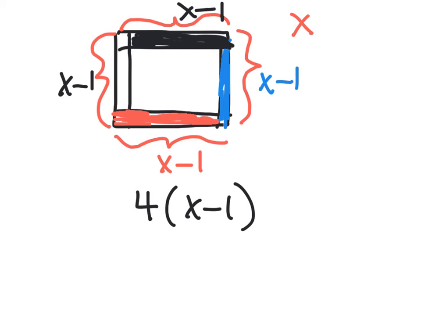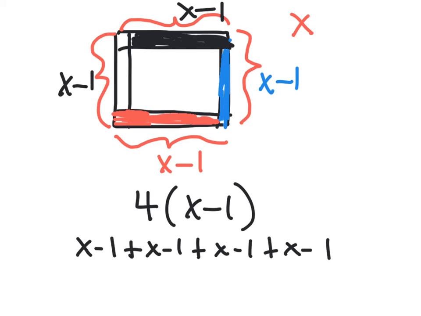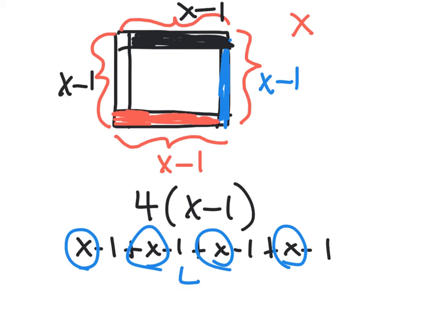And if I added up all these sides and wrote them out, x minus 1 plus x minus 1 plus x minus 1 plus x minus 1, that's a really long way of writing it, but look what happens. 1, 2, 3, I have 4 x's again, and I have minus 1, minus 1, minus 1, minus 1.